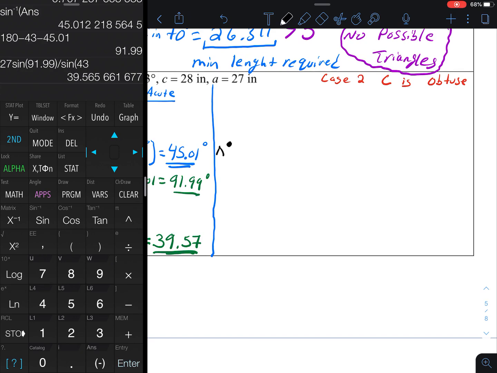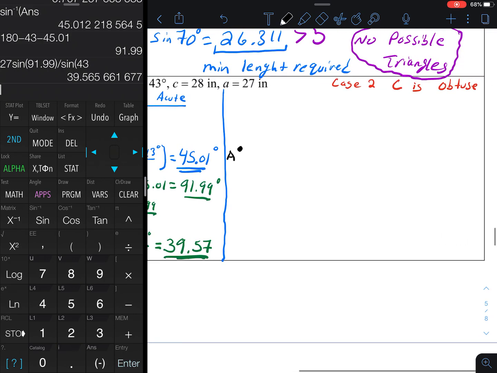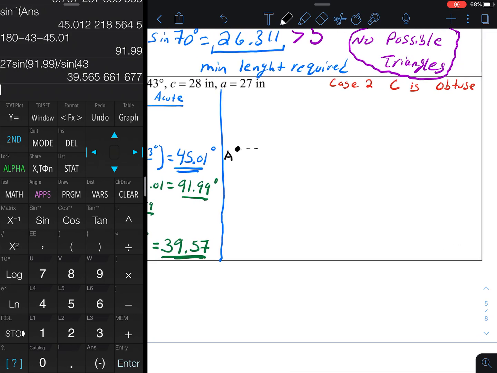So we have angle A that we're given, and we had this unknown side here. And then we have the 43-degree angle. We have 28.